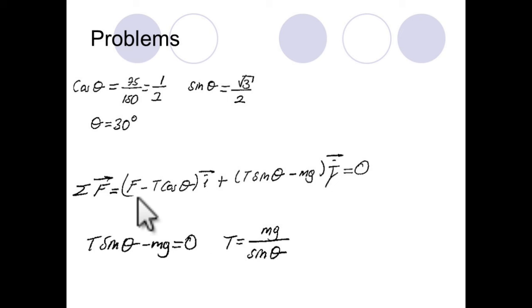As a result, the force acting on the object in x direction is equal to F minus T cosine theta i vector. Now in y direction I have T sine theta minus mg. So basically I sum up all the forces, and it has to be equal to 0. Now this gives us two equations, because both the coefficients of the i vector and j vector have to be 0.